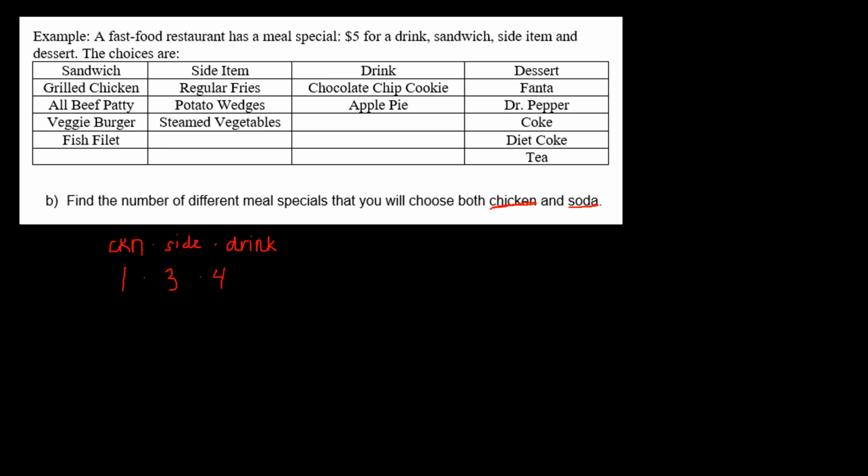We're not going to include tea. And if you want to write, I probably should have written soda instead of drink. And then our desserts. We don't have any limitation on desserts, so that's still 2. Alright, 1 times 3 is 3, times 4 is 12, times 2 is 24. So there are 24 options to get chicken and soda.